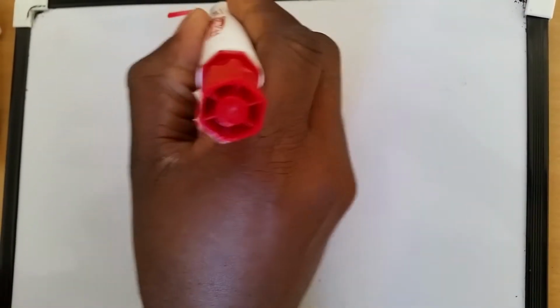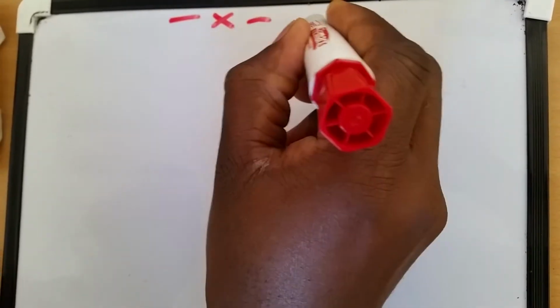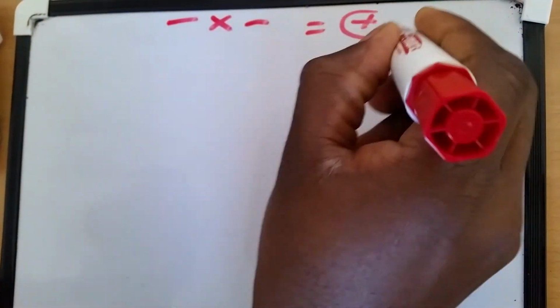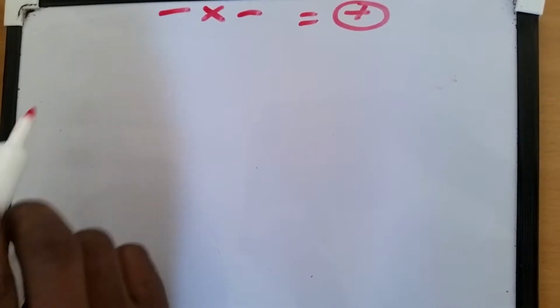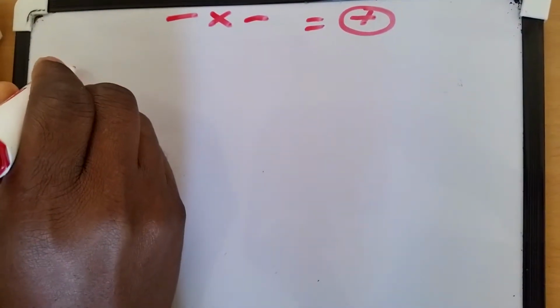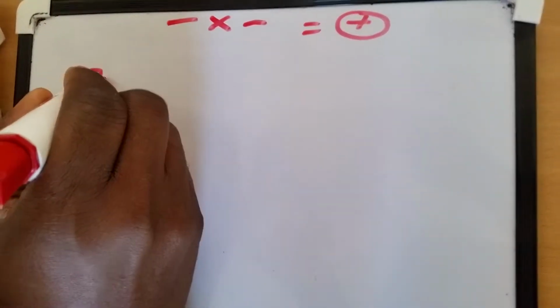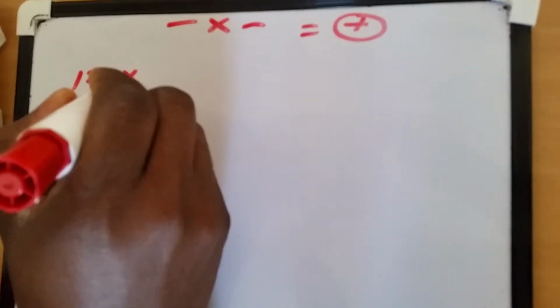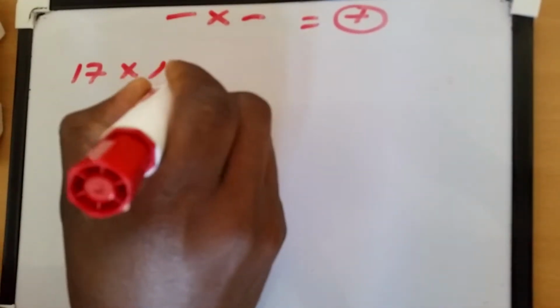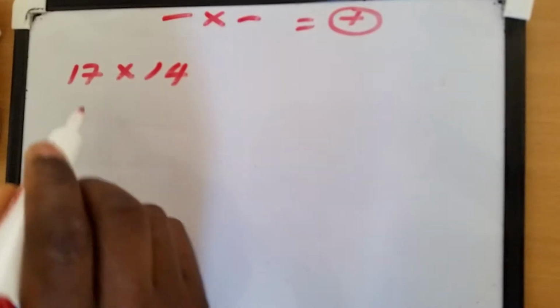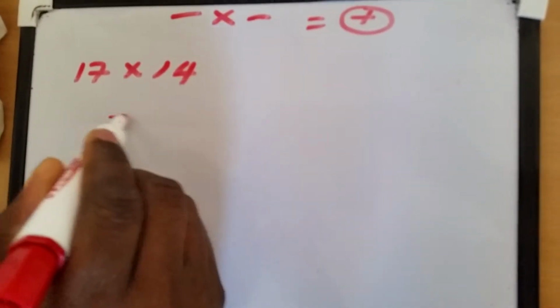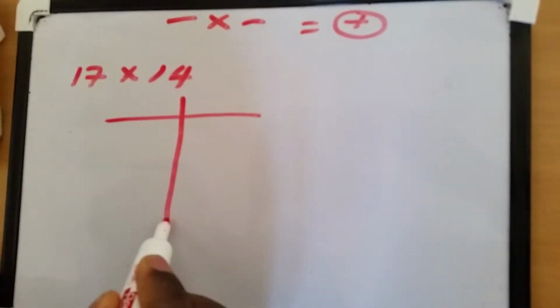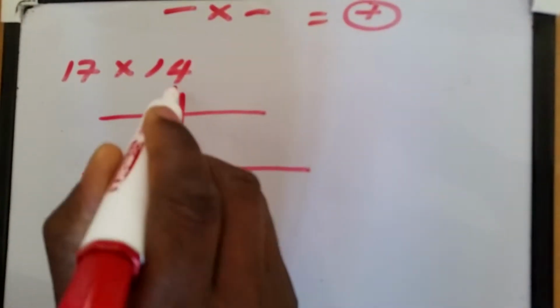So let's take, for example, negative times negative equal to a positive. If I take a simple multiplication like 17 times 14, we're going to do that in a grid method. So we're going to set it out in a grid method for the multiplication.